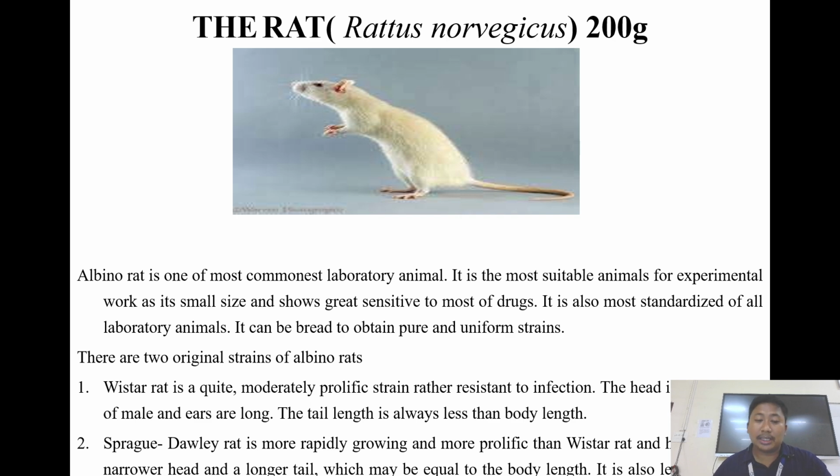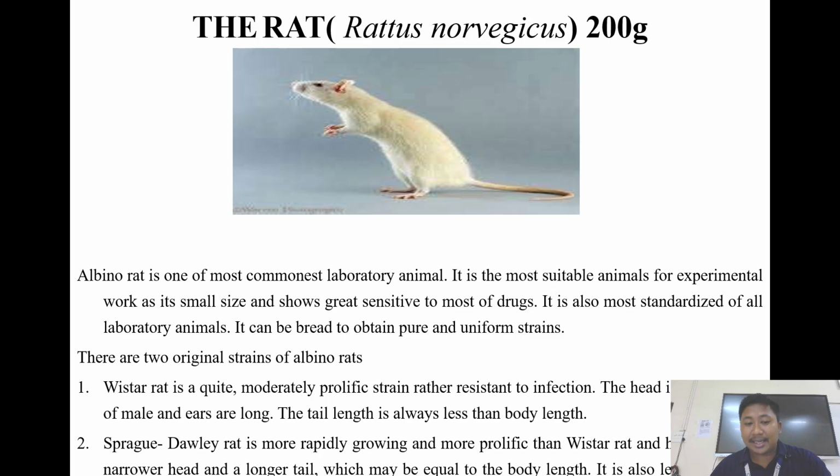When we're talking about the Sprague Dawley rat, it is rapidly growing and more prolific than the Wistar rat. There are significant differences between the Wistar rat and the Sprague Dawley. Wistar rats are quiet, but the Sprague Dawley is not as quiet as the Wistar. If we see the growth rate, Wistar rats are moderately prolific, whereas Sprague Dawley rats are rapidly growing.